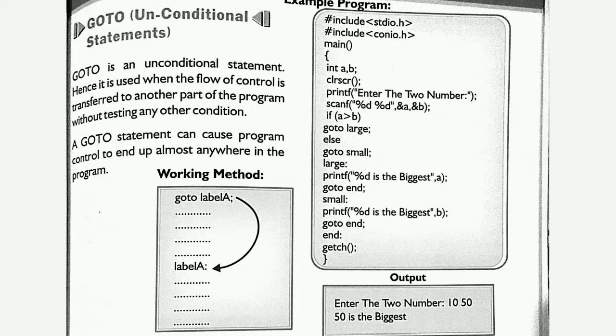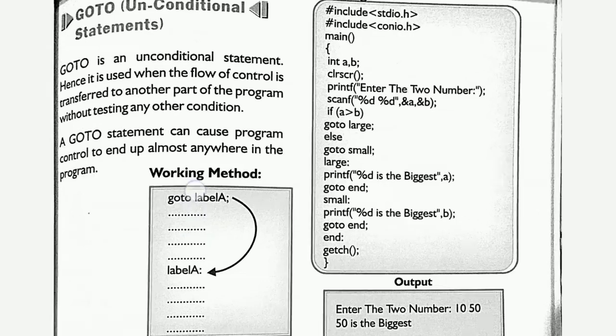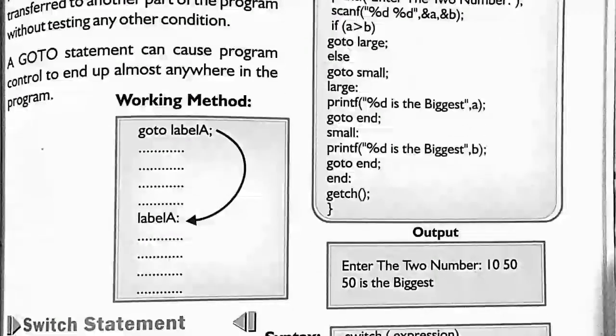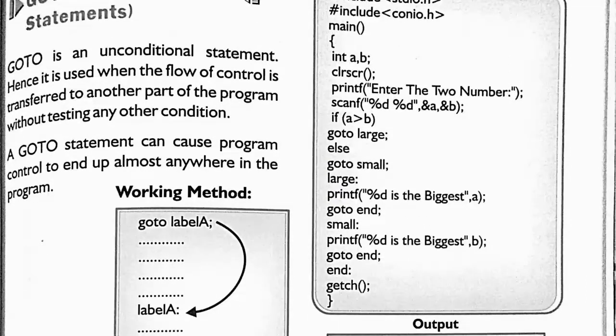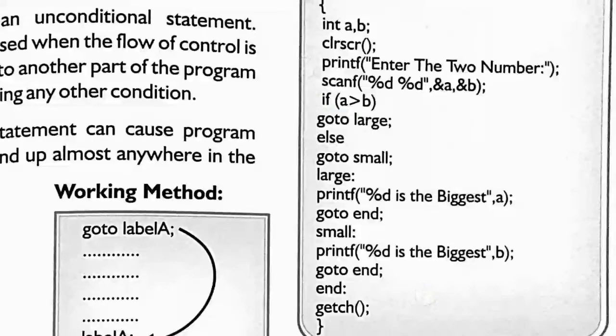So here a label is used, label A or label B. So goto is an unconditional statement. On seeing this statement, the control will be transferred to that particular statement where it contains the label.